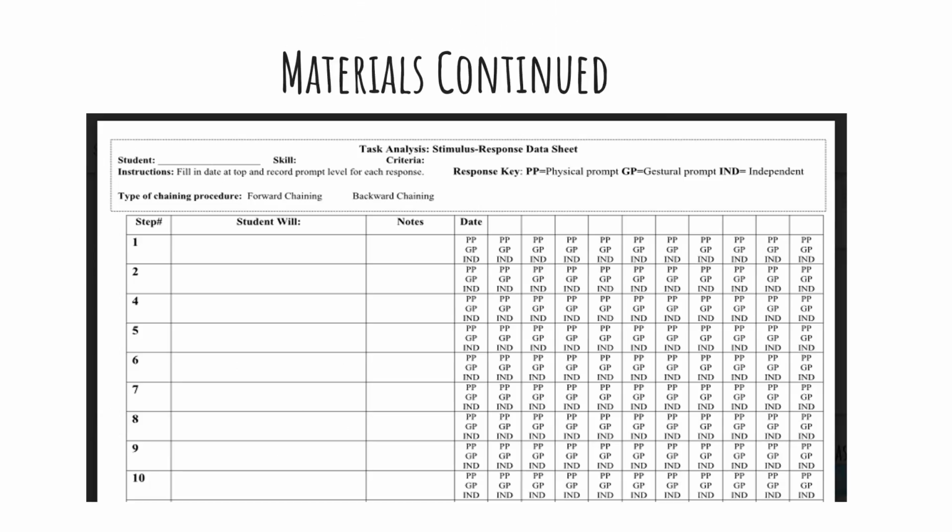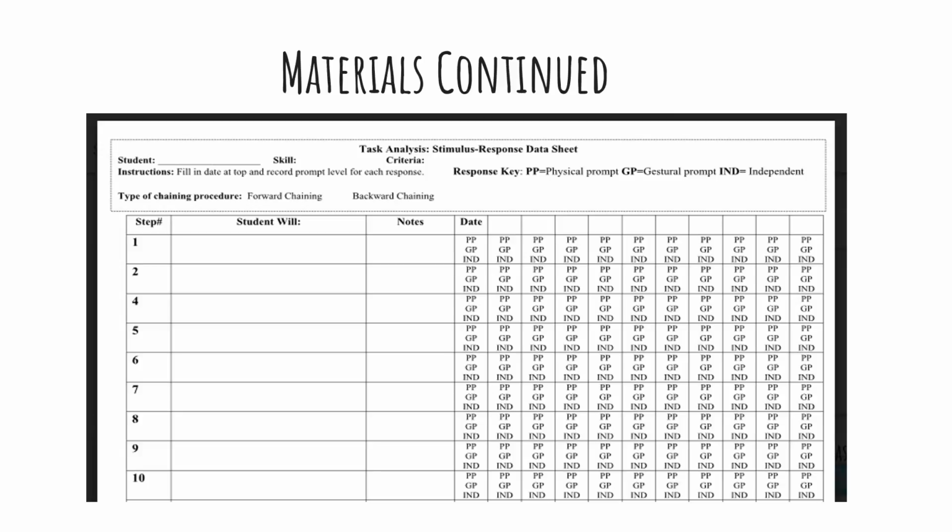On this sample data sheet, you'll see there is a place for the student name, the skill being taught, the criteria for mastering each step, instructions, a key for the prompts that are used, and a place to put down which type of chaining procedure you'll be using.